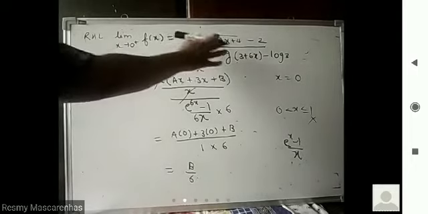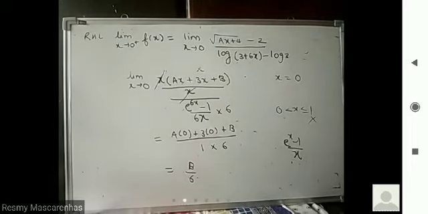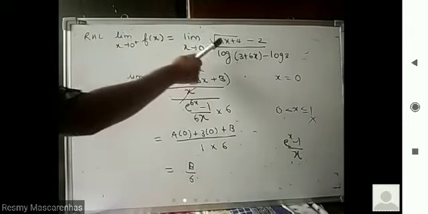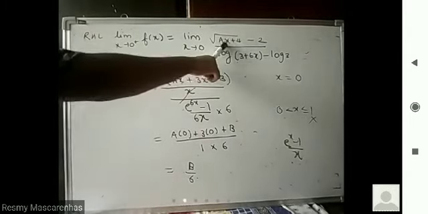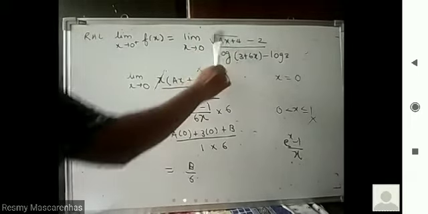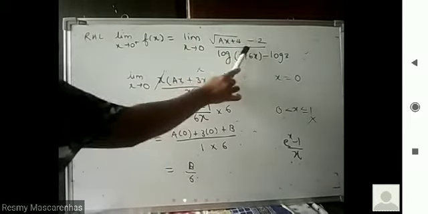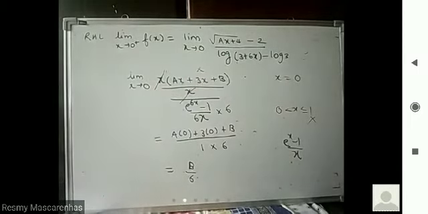Now you have to find the limit of this. The moment you see root sign, you know that you have to rationalize. Multiply numerator and denominator by the same thing but with plus sign in the middle.